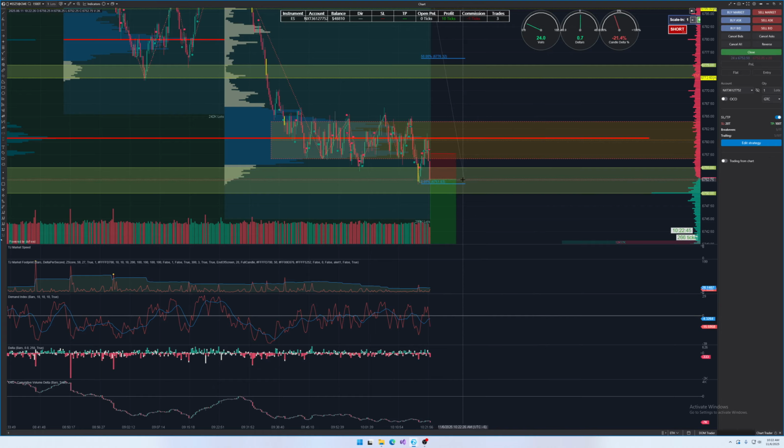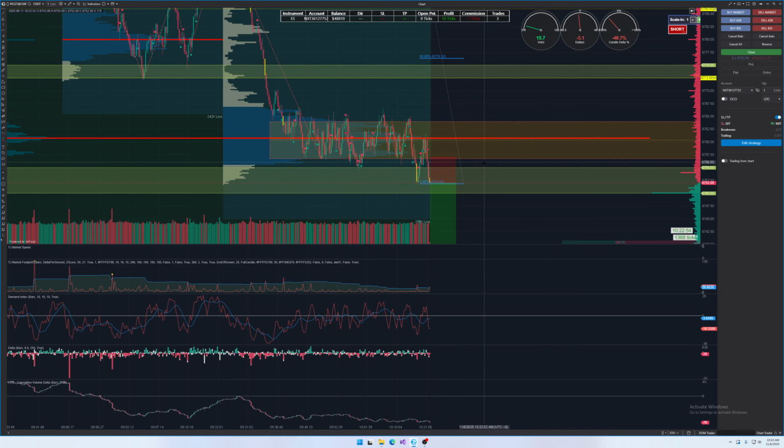So depending on what the market does here now, there's huge liquidity here.